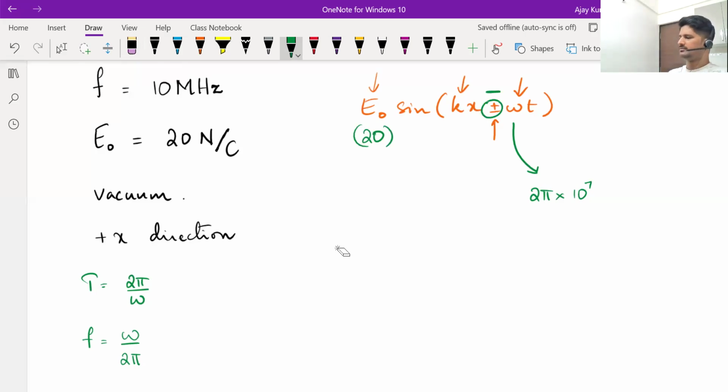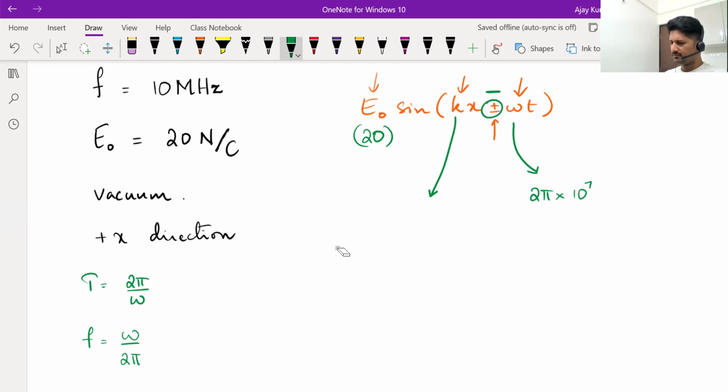How to get K now? K depends on what? K depends on the wavelength. Wavelength, correct. But nothing is told to you about wavelength.